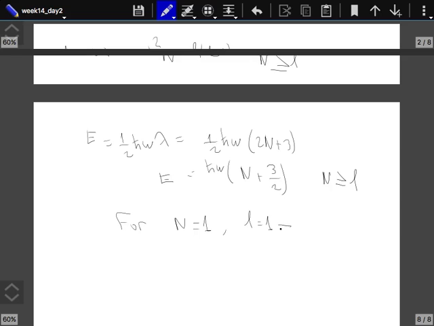Well, l equal to 1 corresponds to m equal to plus 1, m equal to 0, m equal to minus 1. So basically we have this threefold degeneracy that we had discovered also in the Cartesian case.